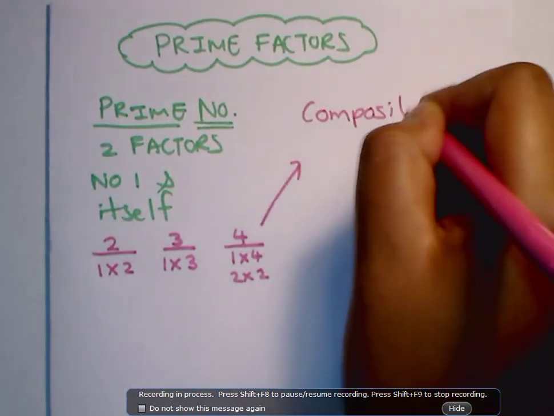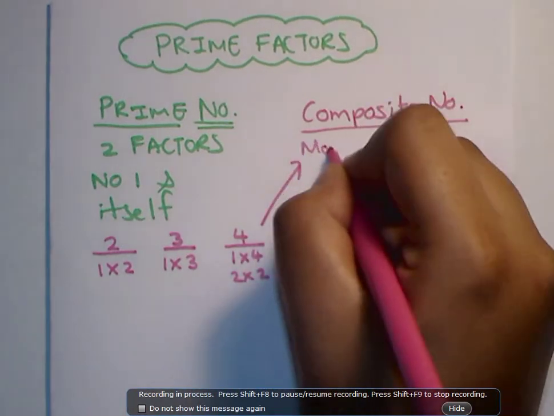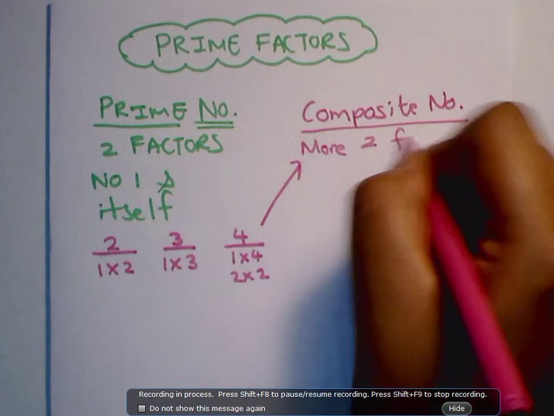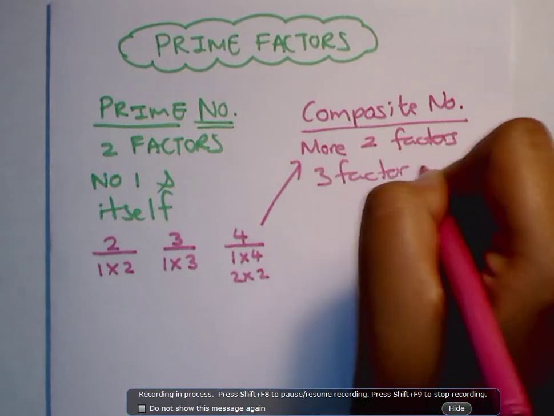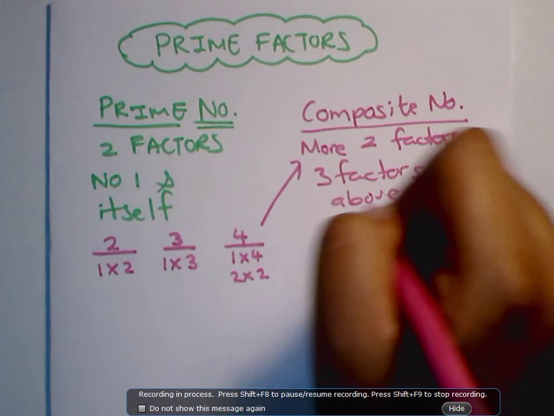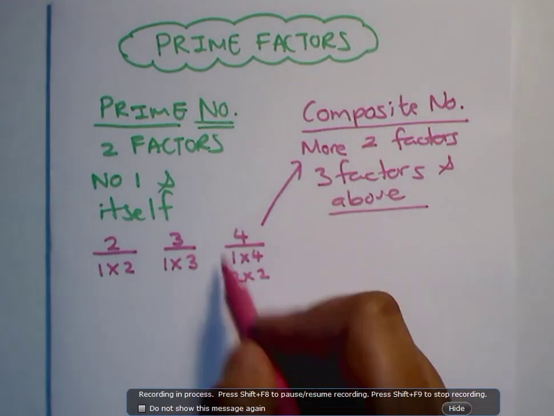Composite numbers are numbers that have more than 2 factors, so basically 3 factors and above. So this is not a prime number, this is a composite number.